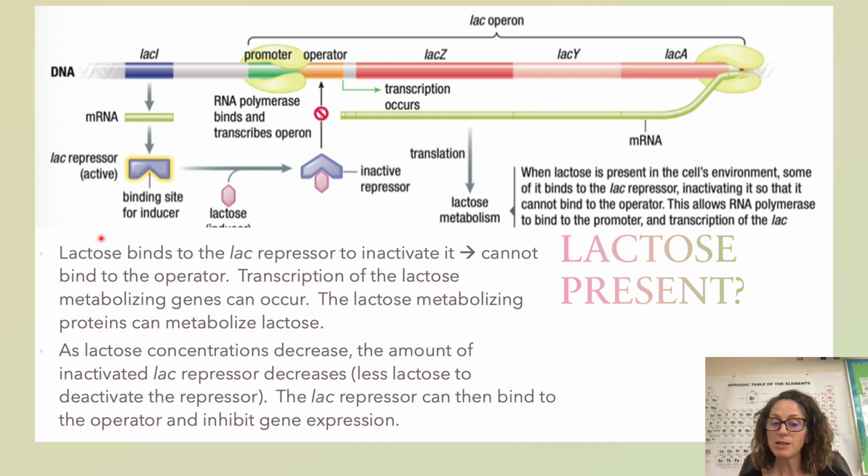So it's a brilliant cycle of how lactose will actually regulate its own metabolism. When lactose is present, it stops the repressor from stopping transcription of the genes that will ultimately metabolize lactose.